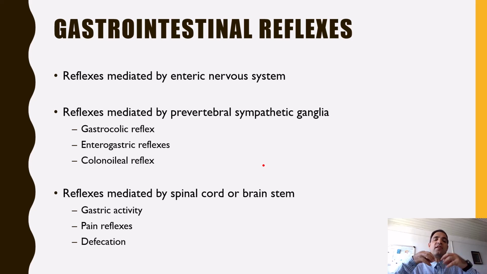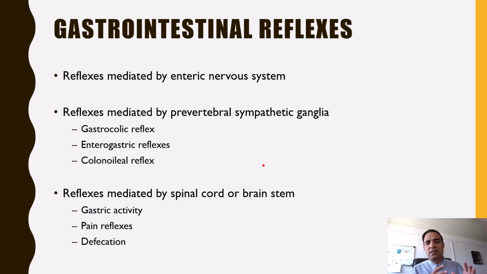Or when food enters the stomach, immediately the stomach will start to release acid and some other fluids to make this food a little diluted and liquid. This is a local reflex that is generated by the enteric nervous system.